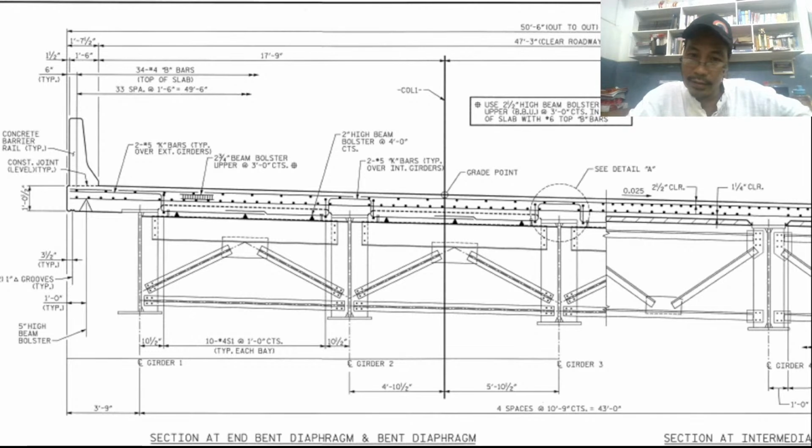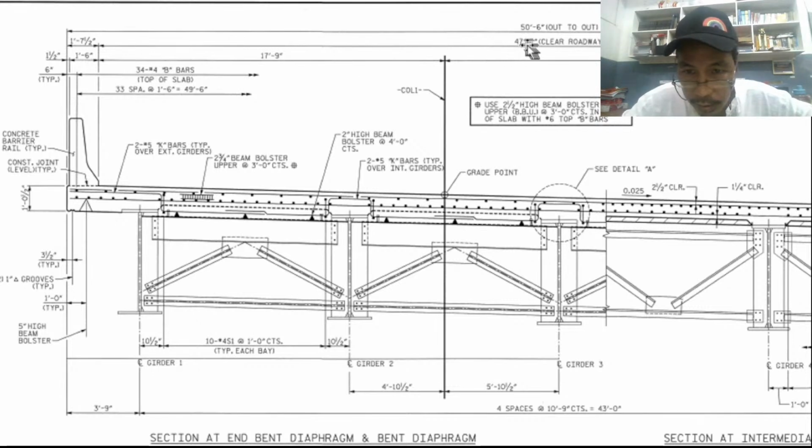So I think it is about correct, about 50. My estimate is about 50, and that is about the correct size. 50 is the exact 50 feet and 6 inches.